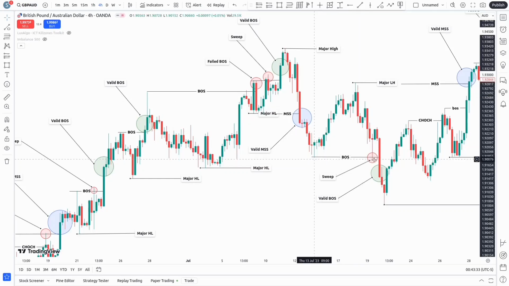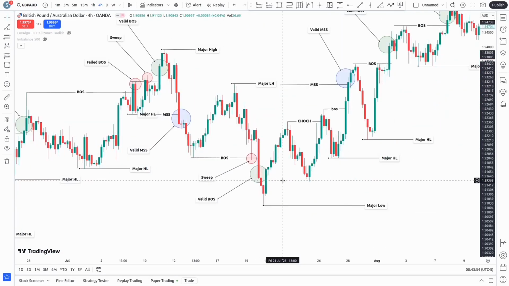We see another break of structure here. But before that break of structure, there is a liquidity sweep. Price tried to break this level, but it did not work. Price retraces back and came back and breaks that level. So we are in a downtrend until the market takes this lower high here.